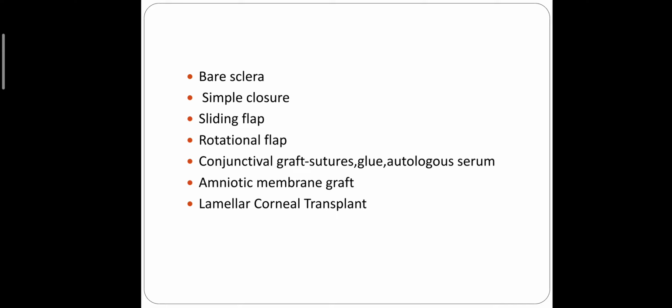So just like cataract surgery, even pterygium surgery has evolved. Initially they used to just excise the pterygium and leave it like that without any flap or any graft. This was the bare sclera technique, which led to a lot of recurrences.